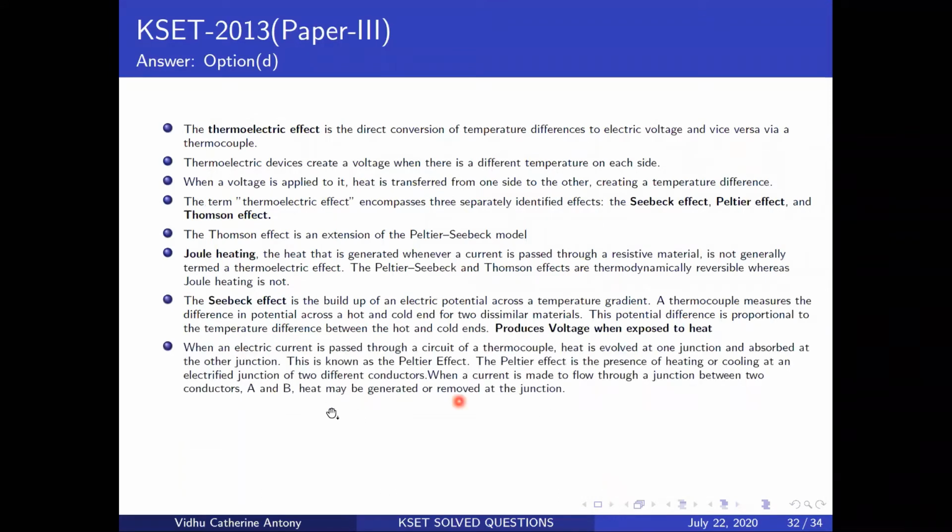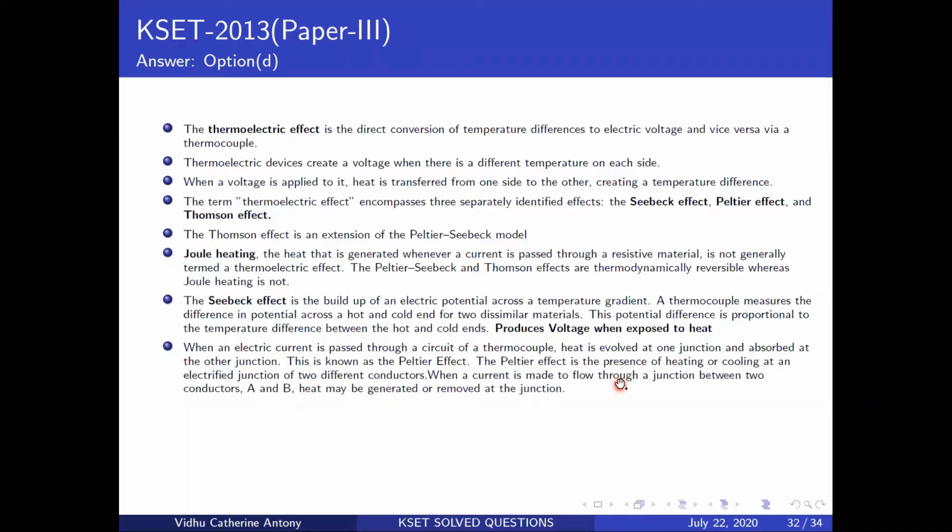When an electric current is passed through a circuit of a thermocouple, heat is evolved at one junction and absorbed at the other junction. This is called your Peltier effect. The Peltier effect is the presence of heating or cooling. I think he did it with bismuth and another metal, copper.